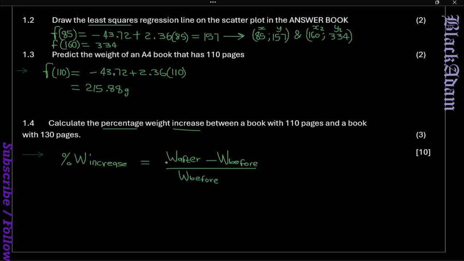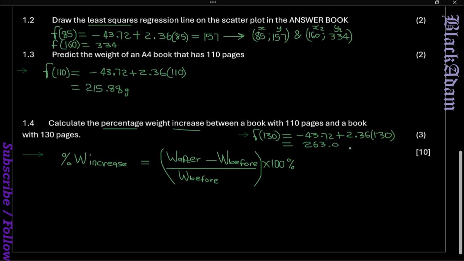Because we need to compare it with the before value, it becomes the denominator, all multiplied by 100, and then you put the percentage sign there. Then f of 130 gives us negative 43.72 plus 2.36 multiplied by 130, which should give us 263.08, which is the weight after.